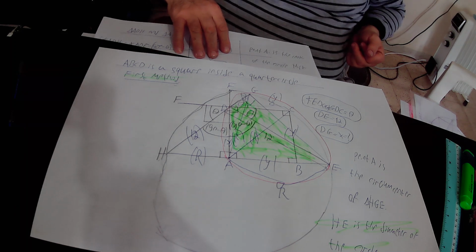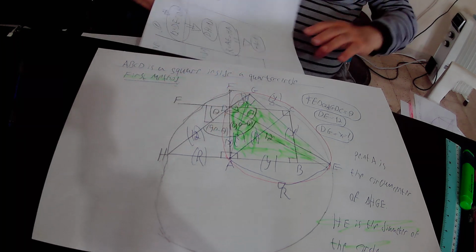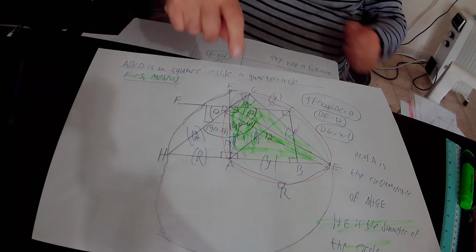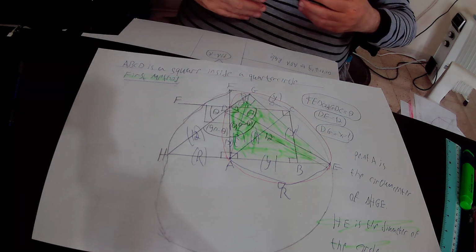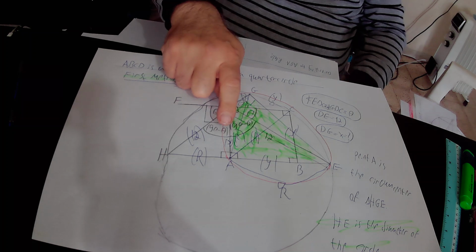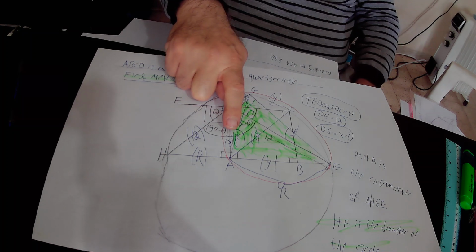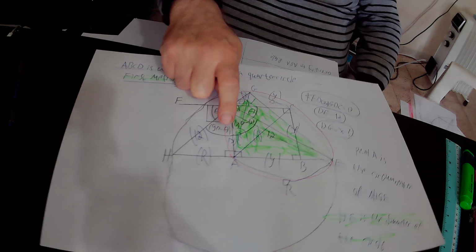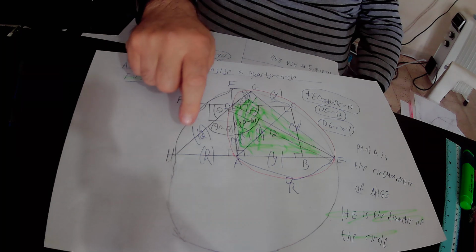And point A is the circumcenter of this triangle HGE. That is to say, point A is located at the same distance from all three vertices of this triangle HGE.